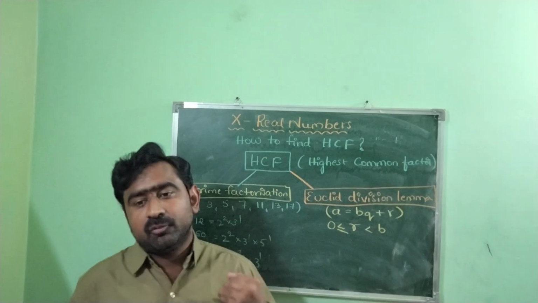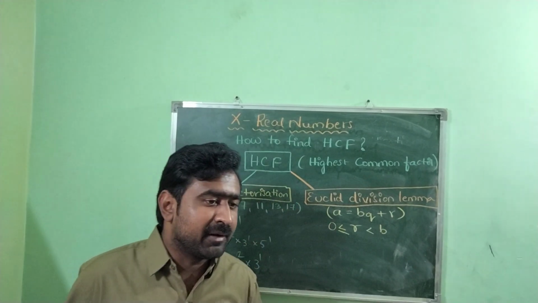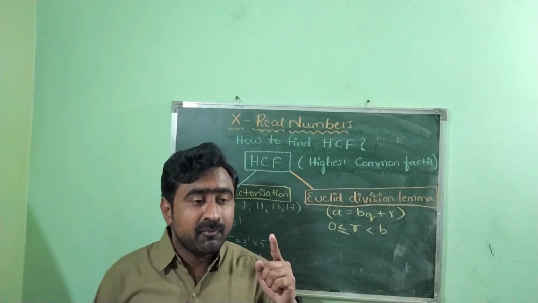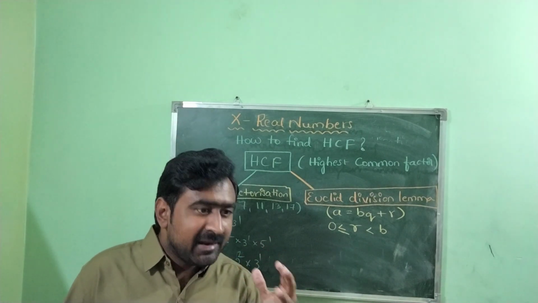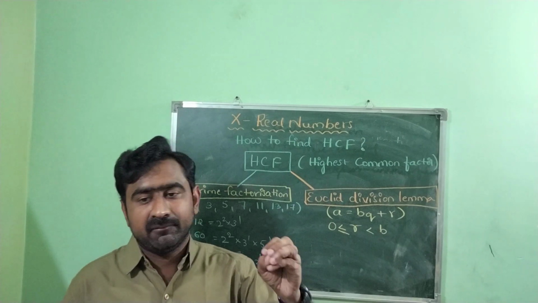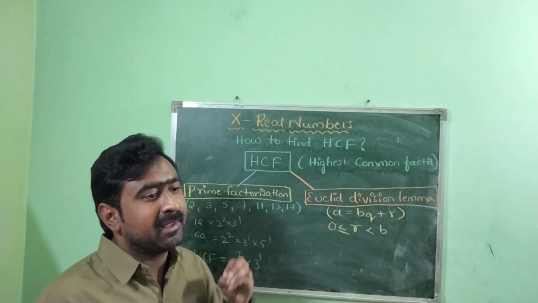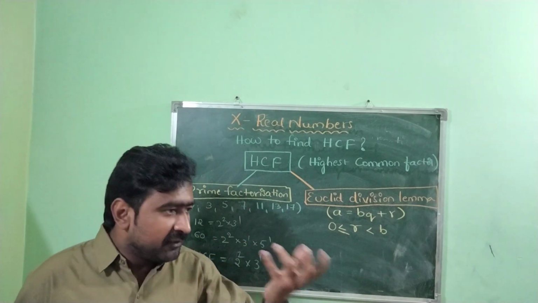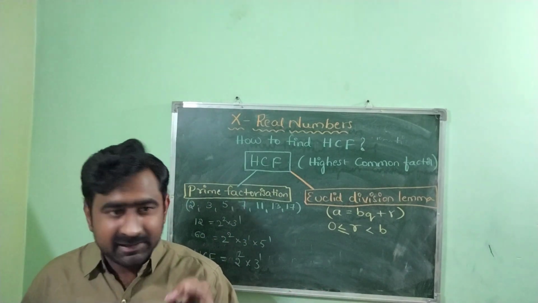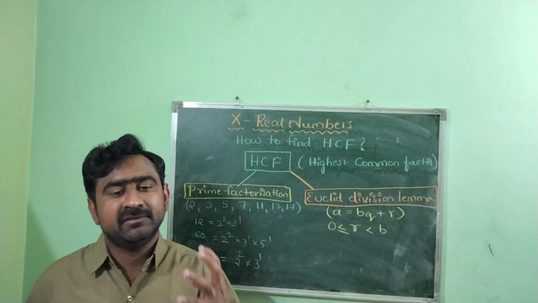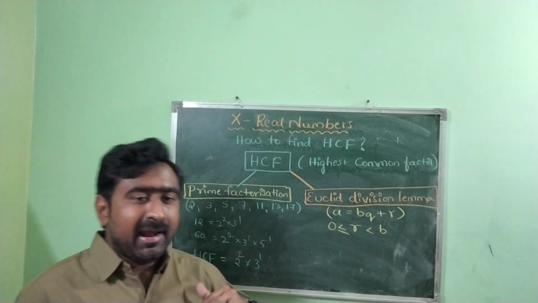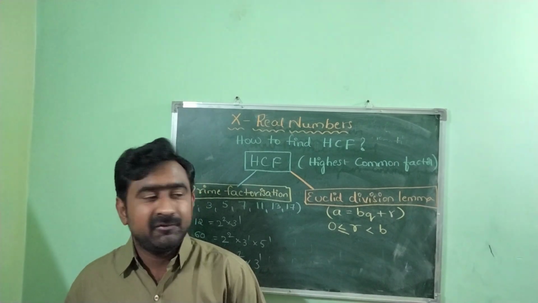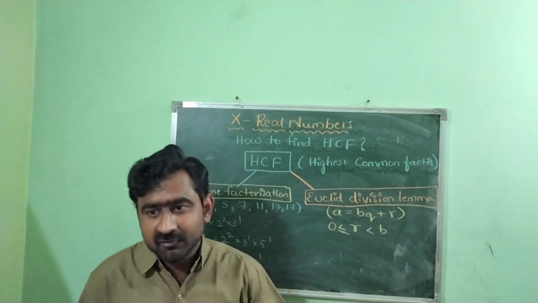Again, we need to know the meaning of a rational number. Already in 8th class you may have learnt the concept of a rational number. A rational number is any number which can be written in the form p by q, that is, a number which can be expressed in terms of a numerator and a denominator. An irrational number is just the opposite: any number which cannot be expressed in the form p by q.